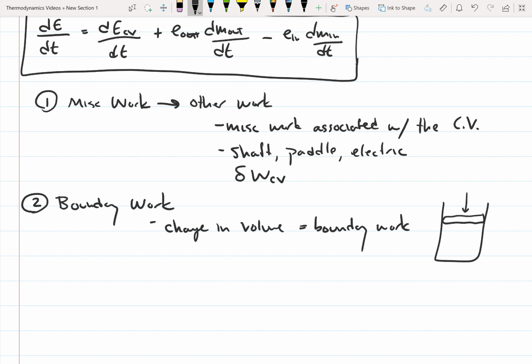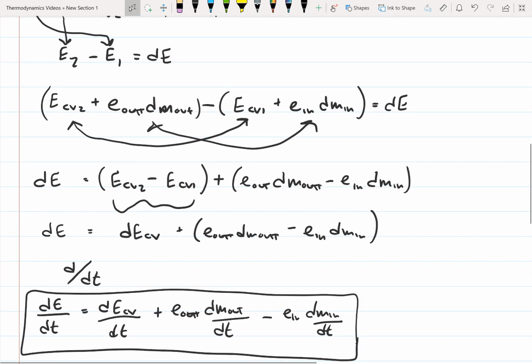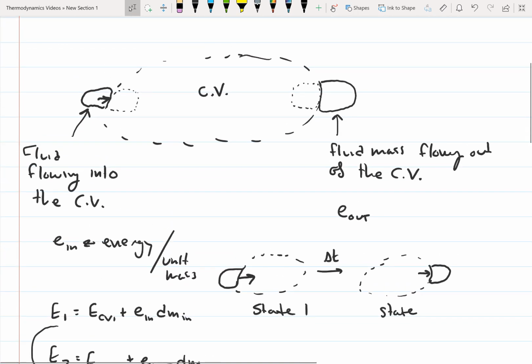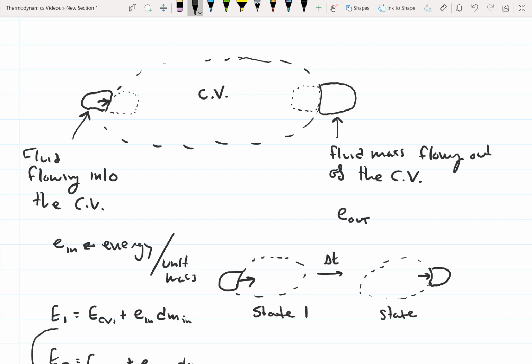As the piston moves up and down in the cylinder, boundary work is being done because we have a force, and the volume is also changing. The boundary work might not be quite as obvious with the fluid that's flowing into or out of the control volume, but if we look at state 1, when we have mass flow into the control volume, there's going to be a volume change, and when the mass exits, there's going to be a volume change.